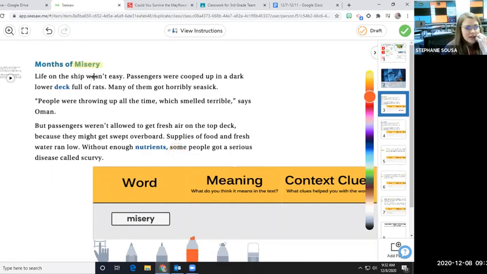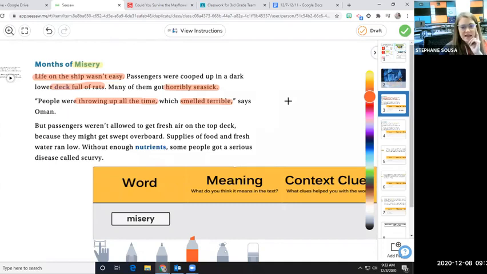I know when we were talking about misery, they said life wasn't easy. That's a clue for me. Also, they said the deck was full of rats. I do not want to be around rats in my life. Another clue was they got horribly seasick. People were throwing up all the time, and it smelled terrible.